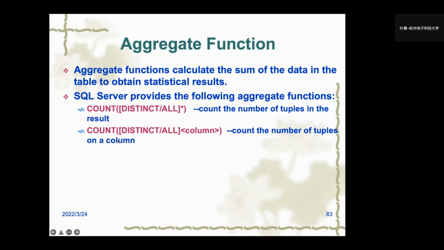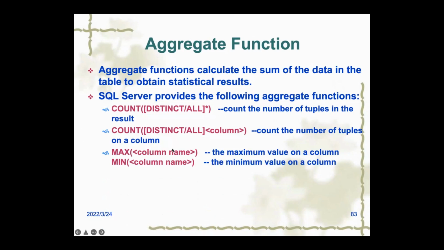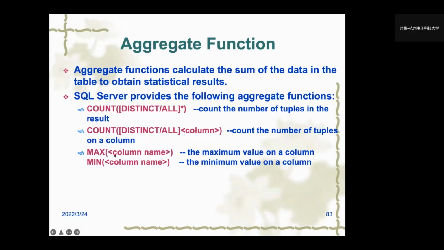And we also have COUNT with a specified column, which counts the number of tuples in one column. And here we have MAX and MIN, followed by their column name, meaning the maximum value or the minimum value on a column.